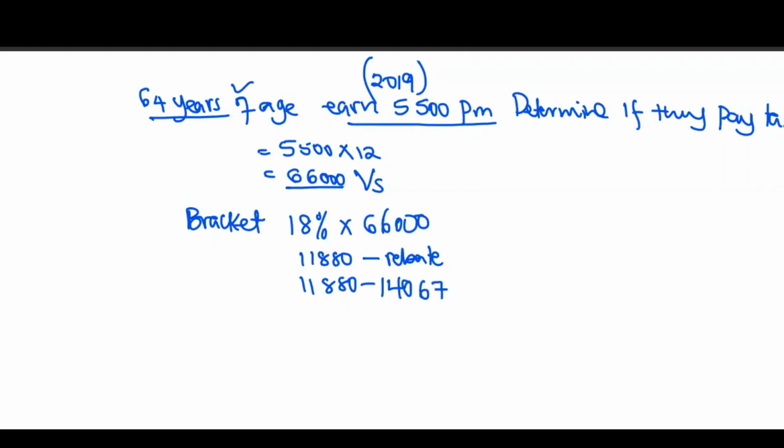I'm saying this, you will have a negative number, which is negative 2,187. So the person does not pay tax. That's how we say it.